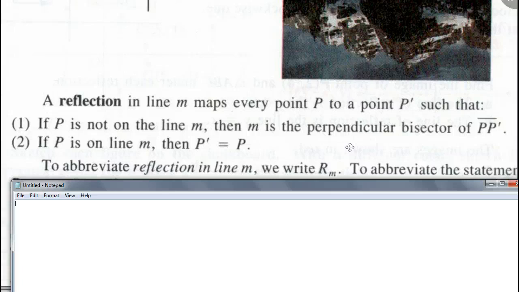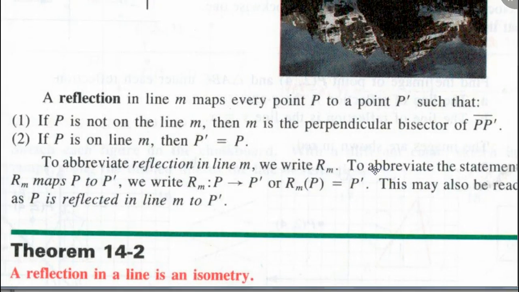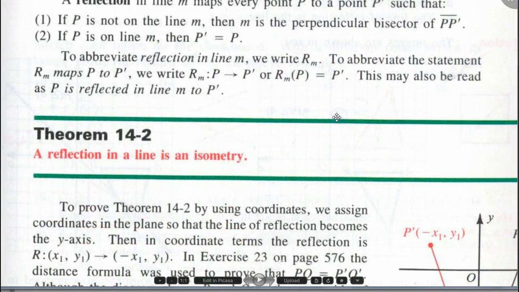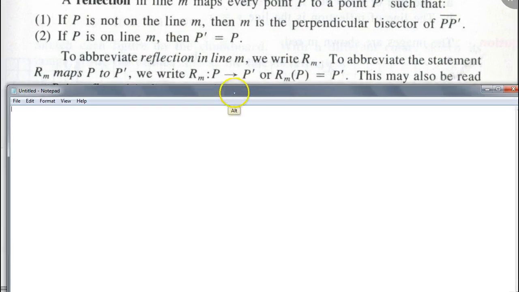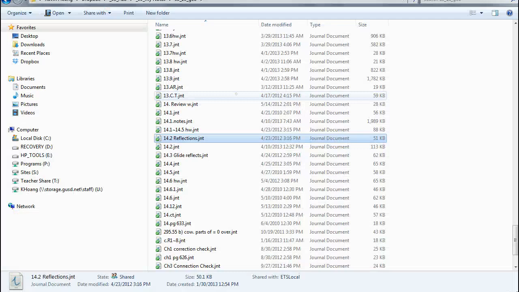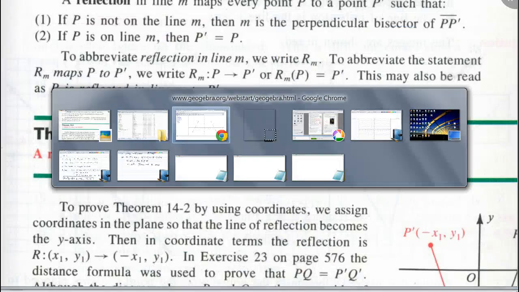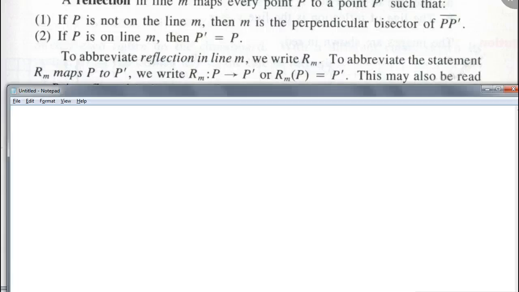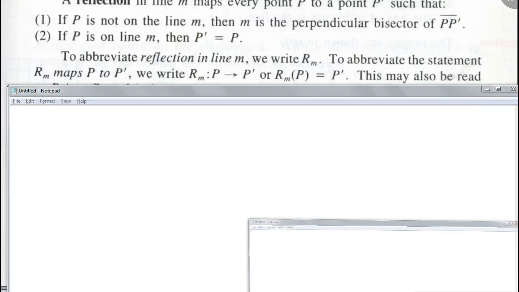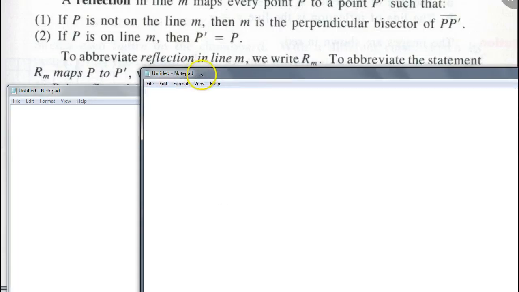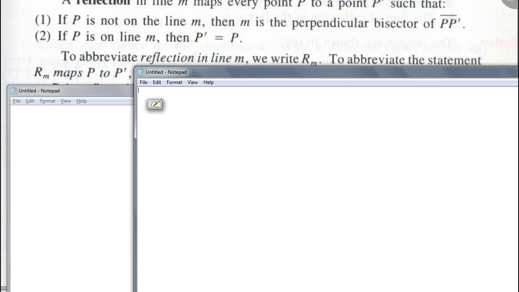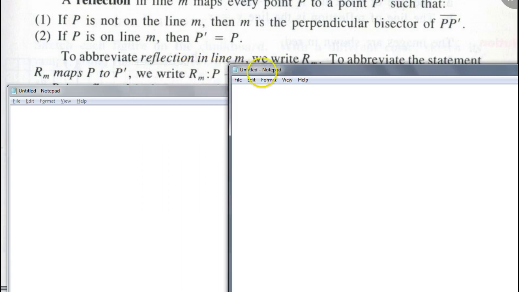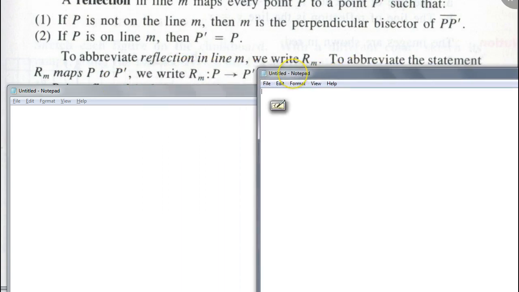And a little more, to abbreviate the statement that the reflection in line M maps P to P prime, rather than writing that whole thing, we just use the mapping notation.